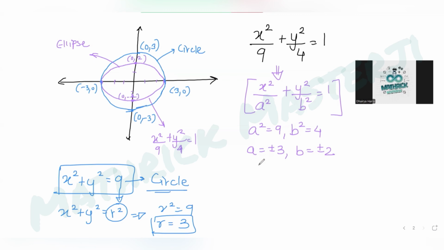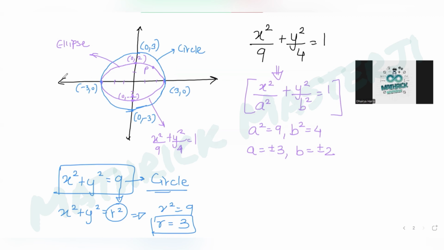Now the question, if I read it again, says: let P be a point on the ellipse. So P is any point on the ellipse. Let's say somewhere here, I'm taking any point P. Further, the question tells me the line passing through P is parallel to the y-axis.